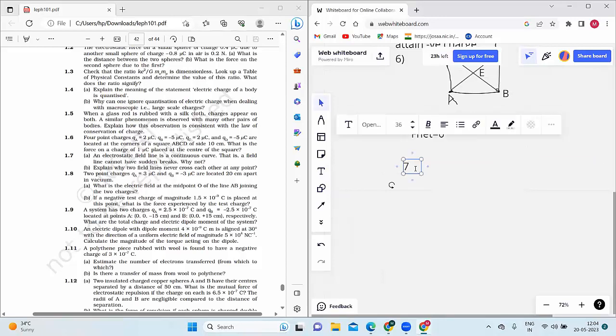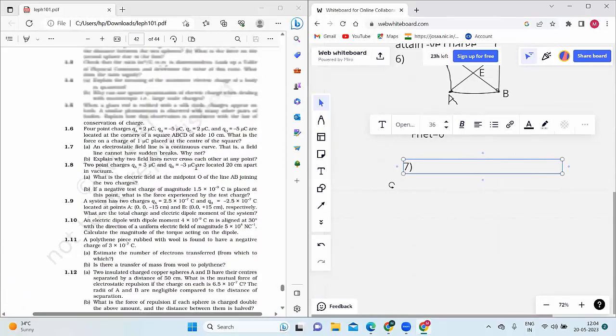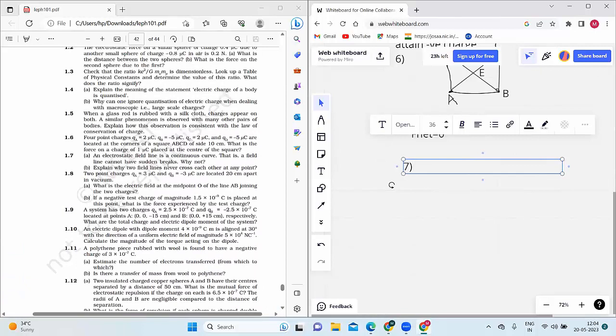Now the next question. An electrostatic field line is a continuous curve. Why can a field line not have a sharp break?